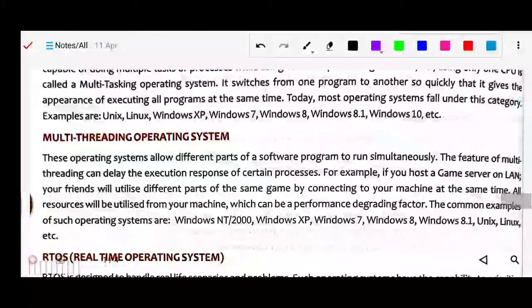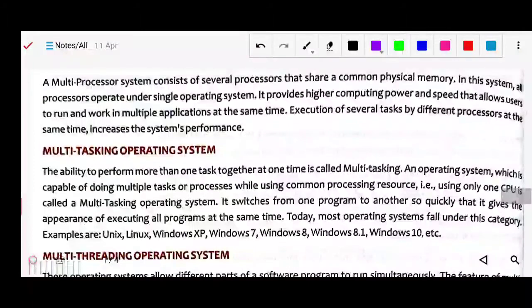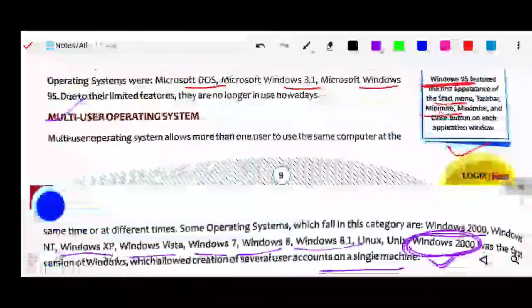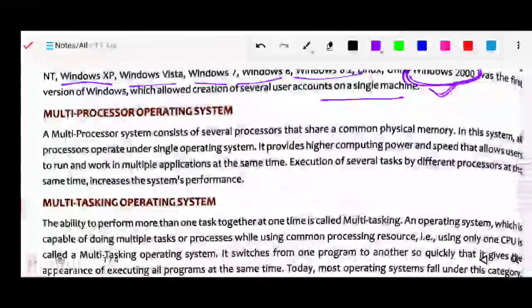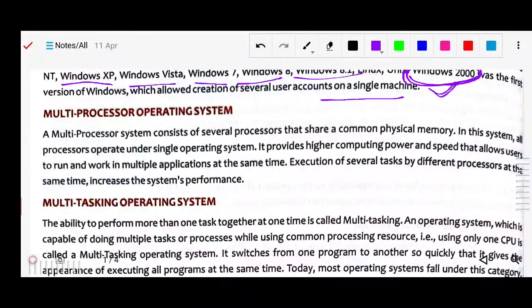So what is the meaning of multi-processor operating system? A multiprocessor operating system consists of several processors that share common physical memory. How will you understand this?